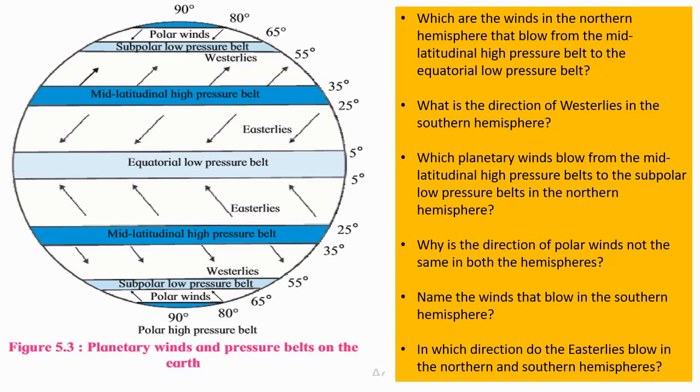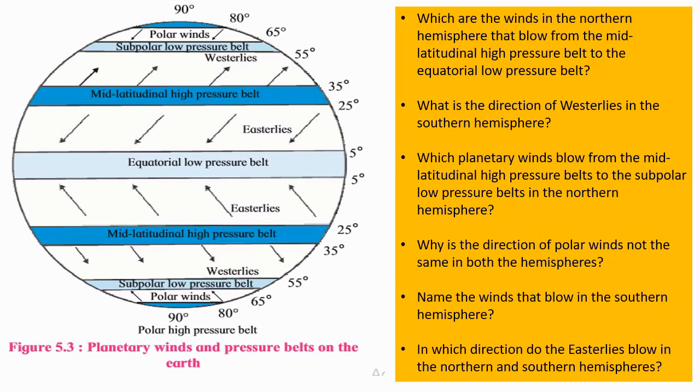Next question. Which planetary winds blow from the mid-latitudinal high pressure belts to the subpolar low pressure belts in the northern hemisphere? As you can see that between 35° to 55° parallels, the direction of the arrows is from west to east.